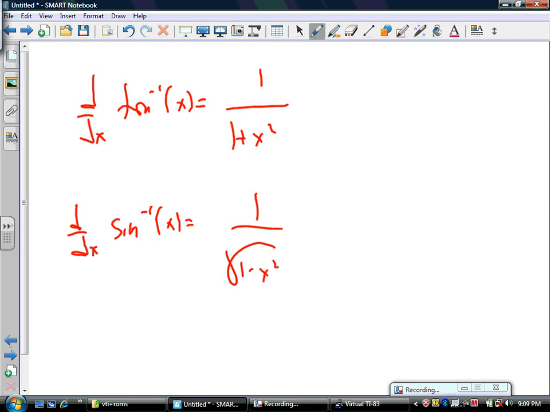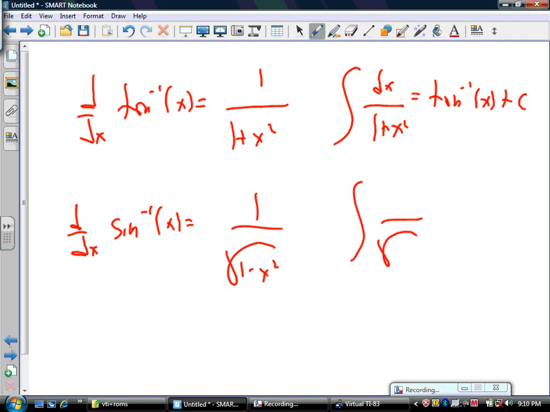That's what it is. We never did that one, but there it is. And so the integral of this is that, and the integral of this is that. The integral of 1 over 1 plus x squared dx is arctan. And the integral of 1 over rad 1 minus x squared dx is arcsine. We knew this, but we didn't know that.